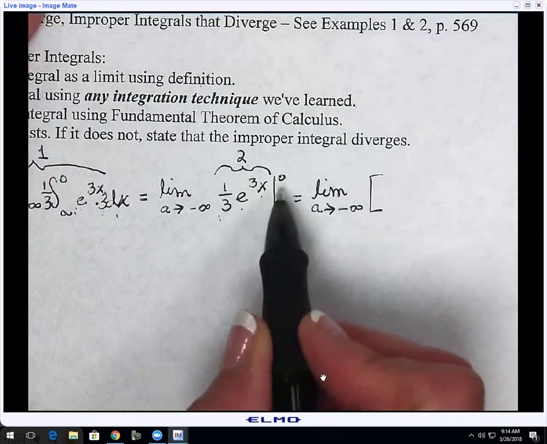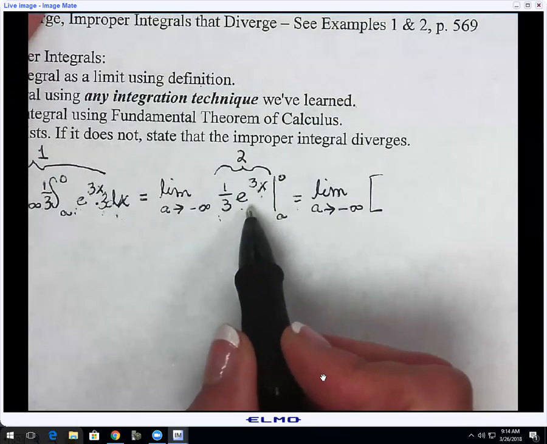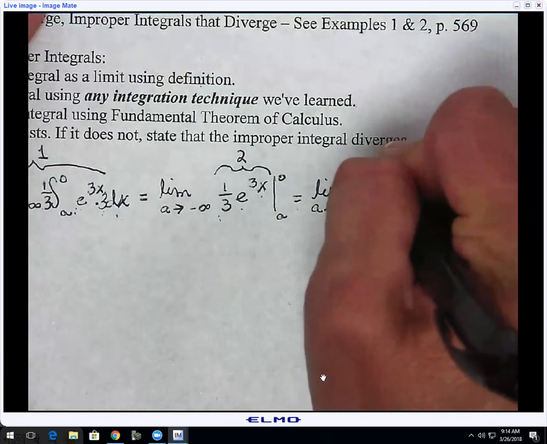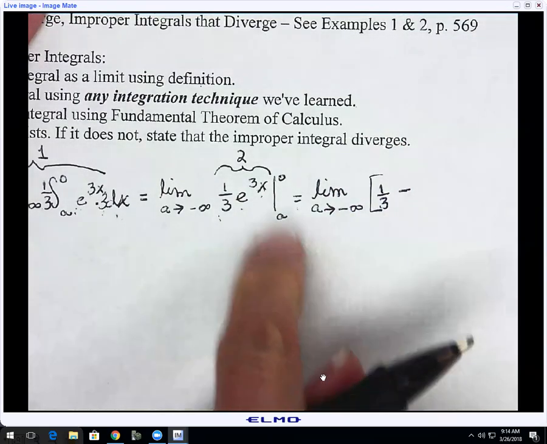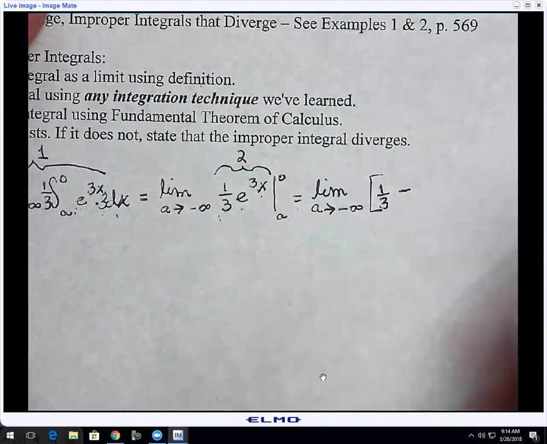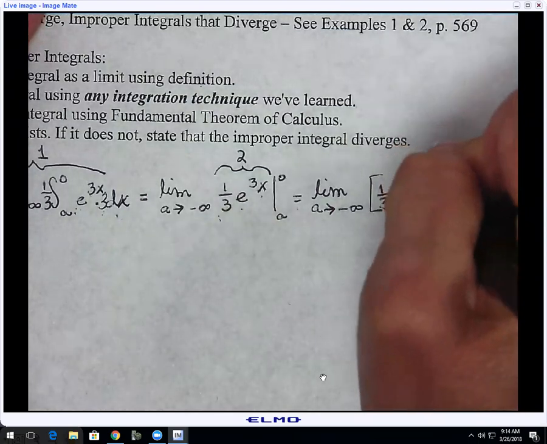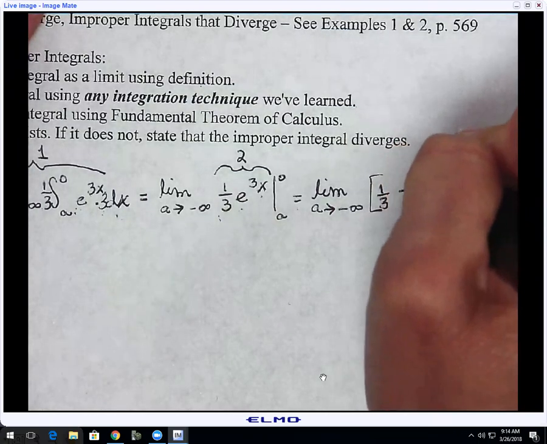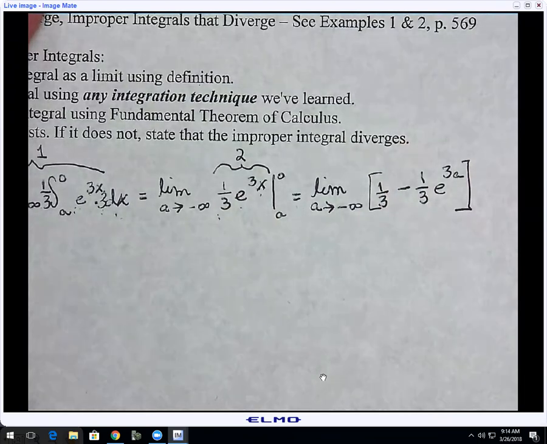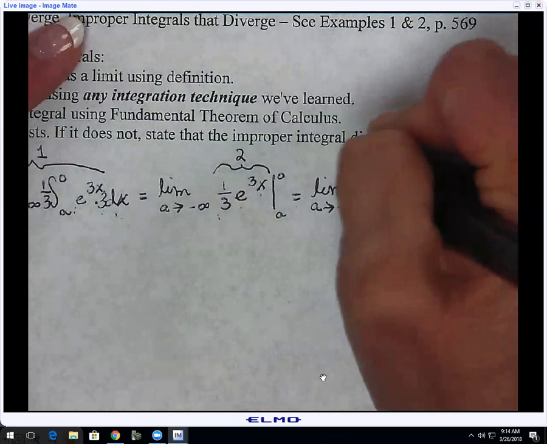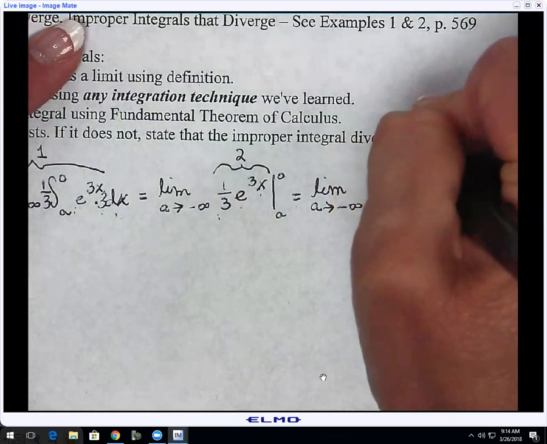What will we get when we put 0 in the place of x? Just 1/3. Minus whatever we get when we put a in place of x. That would be 1/3 e to the 3a. And that's step 3.